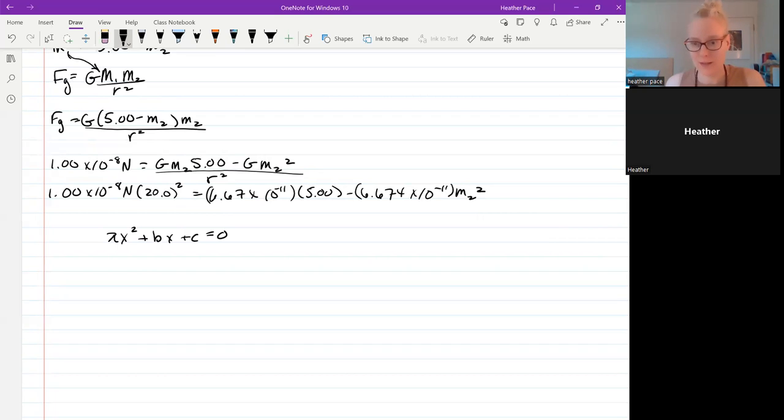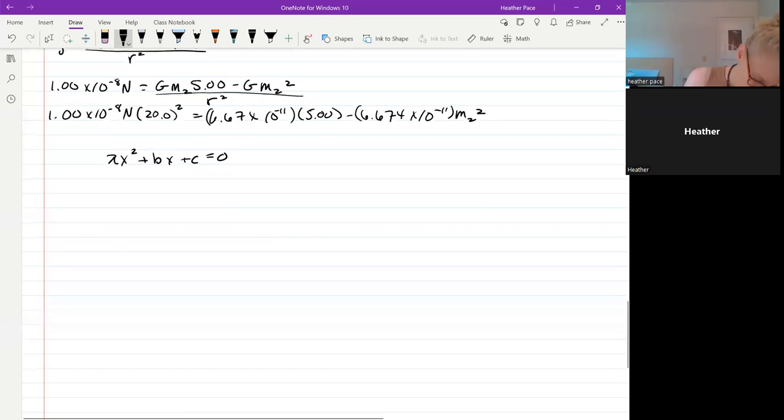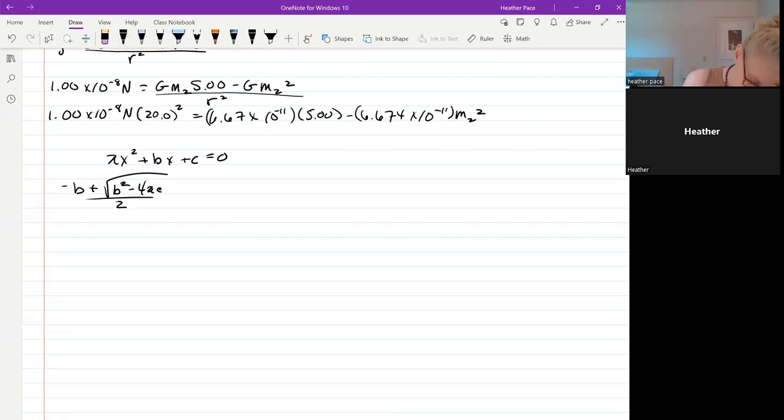There are other ways to solve a quadratic, but when in doubt, just use that. And I think they specifically want you to use that because I know the professor put that in his notes last week, I believe. Let's figure out what's A, what's B, what's C.